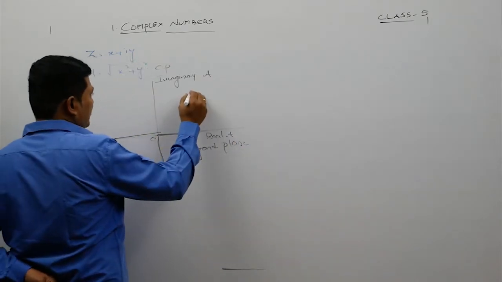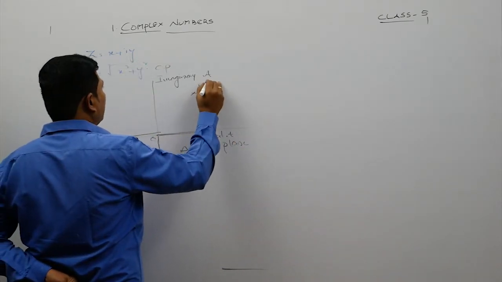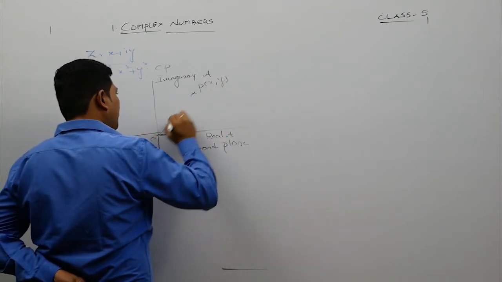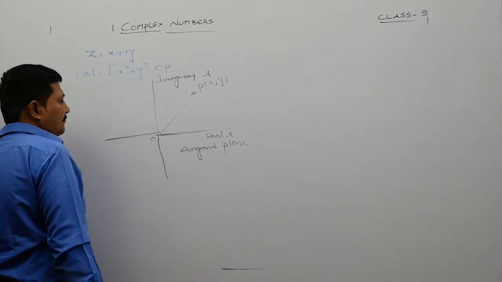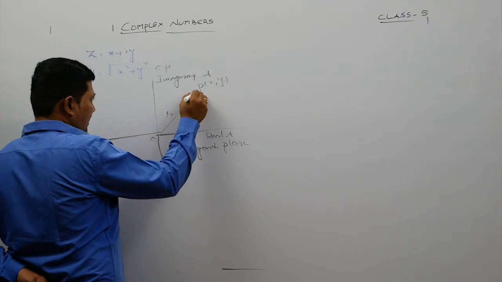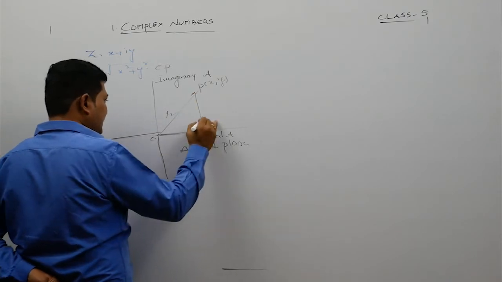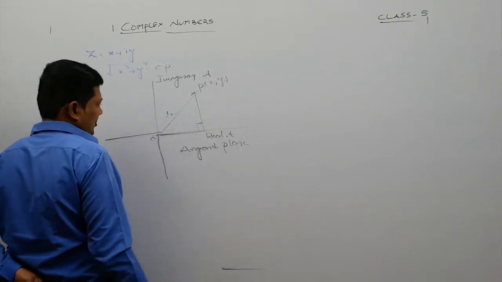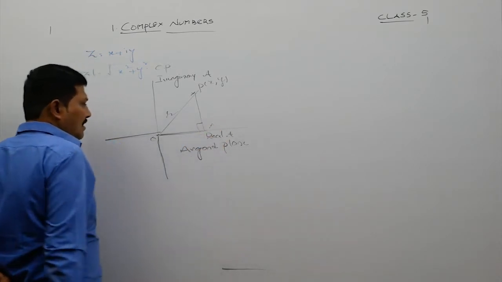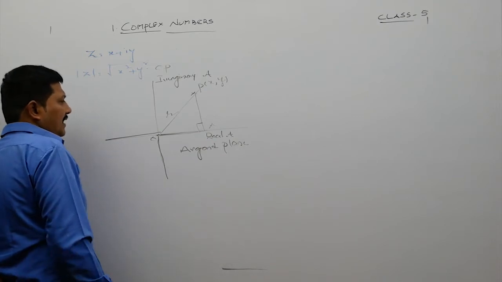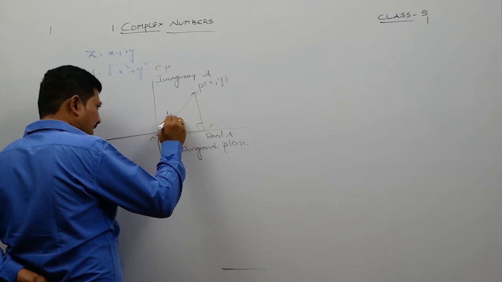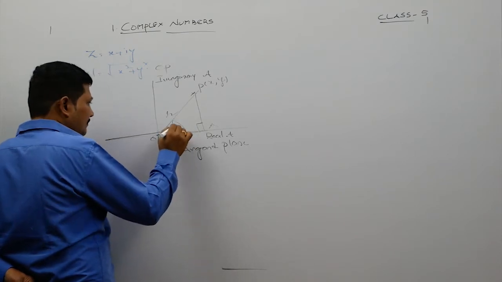Now suppose P is the point in first quadrant, so P is x comma y, then join OP. So the distance of the P from origin is denoted by R. And let's draw a perpendicular onto the real axis, and suppose this may touch this real axis at the point A, and suppose the angle made by the line OP with the x-axis in positive direction is theta.